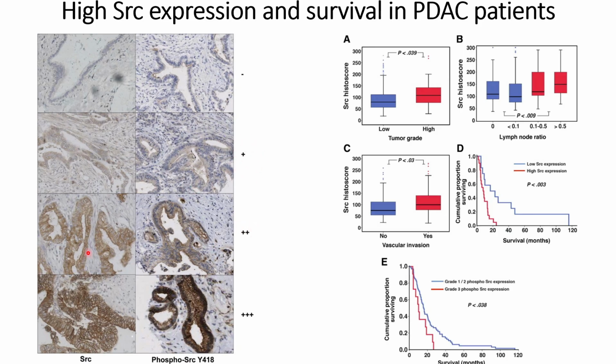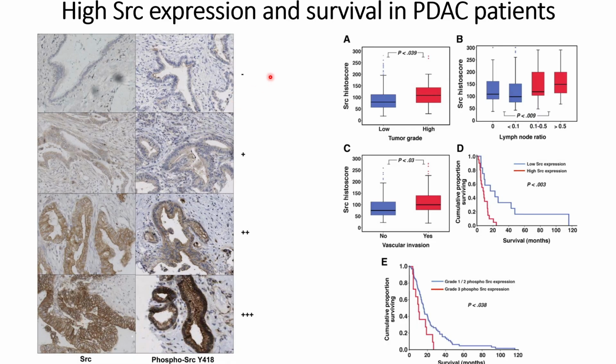Thereafter there is some strong staining, and the strongest staining is shown in the bottom row, where we can see that the signals are quite significant for phospho-SRC in the PDAC tissue sections, and on the left-hand side we can see the SRC staining.